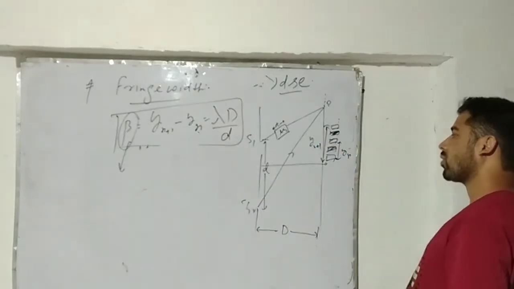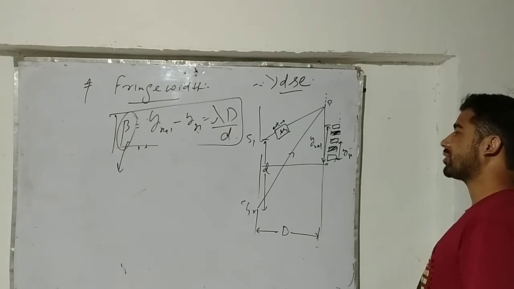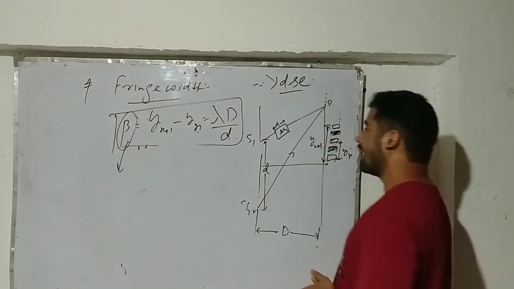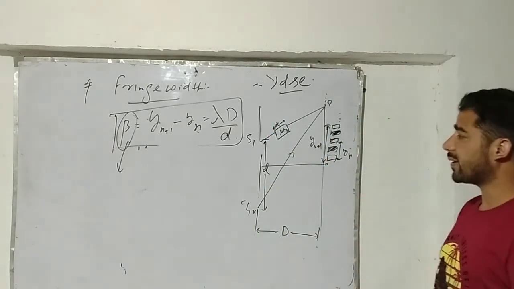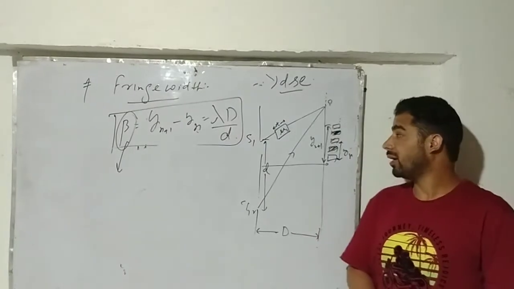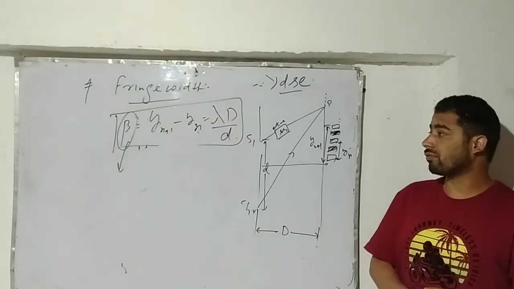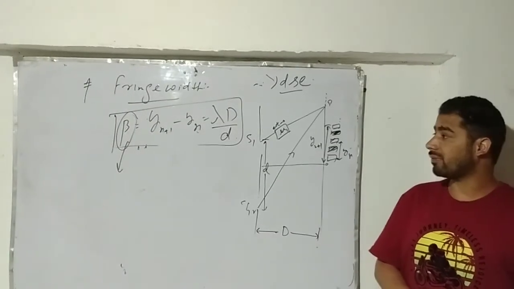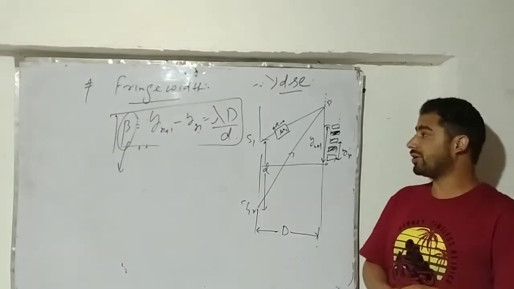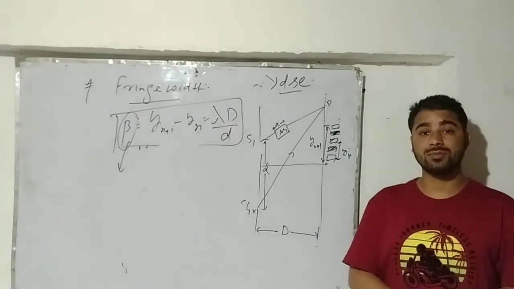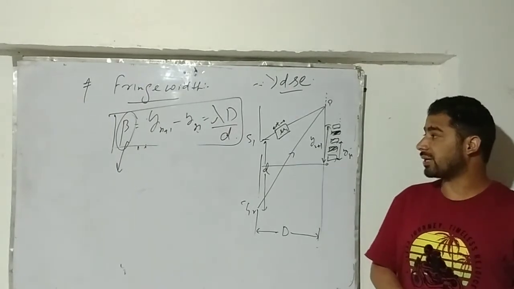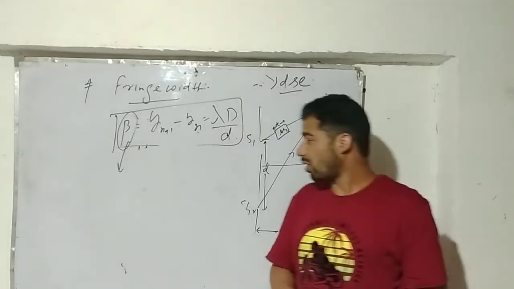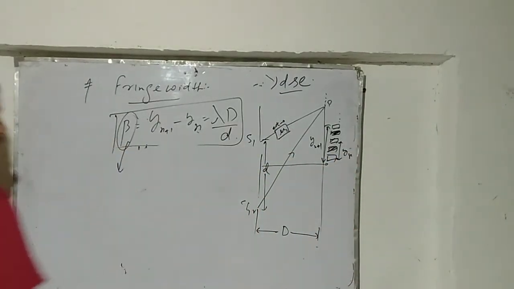Now, what we are going to do is place the slab here whose refractive index and thickness are given. Under this condition, I will look for the position of the fringe, where it is going to be formed. Will it be formed at the same spot or somewhere different? That's the key here that I want to look for. Now, how can I do this analysis?